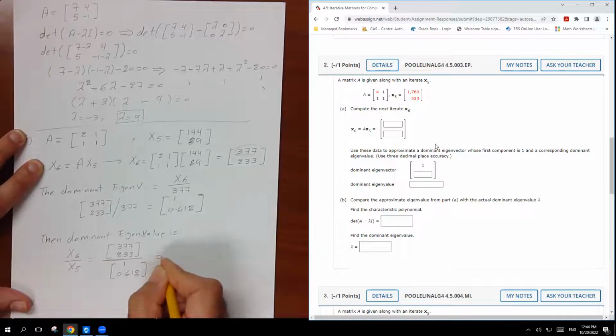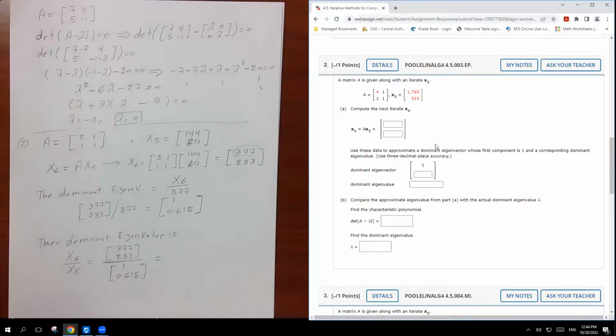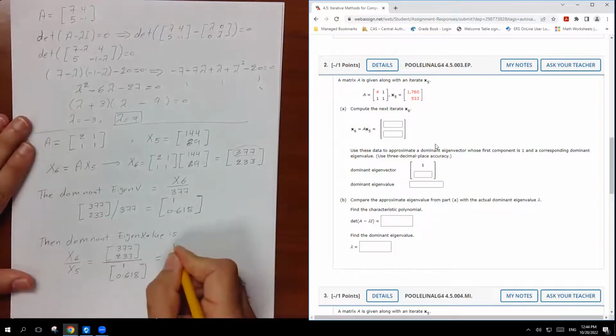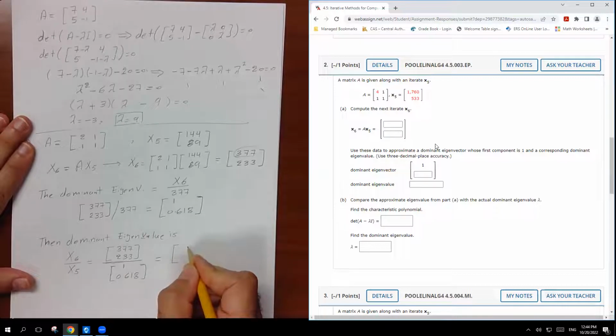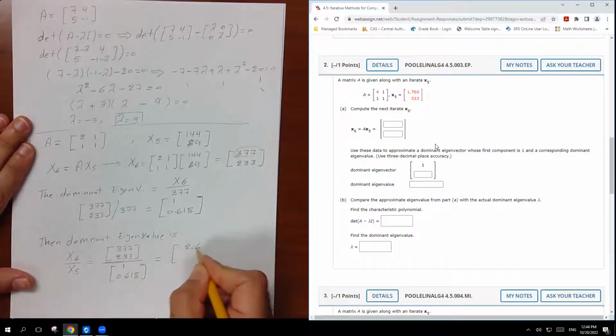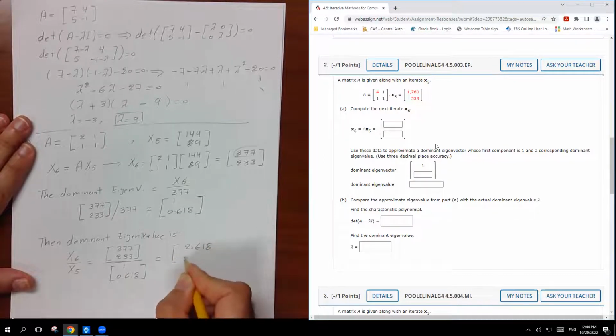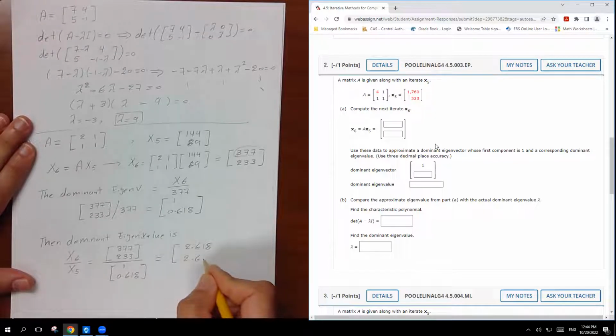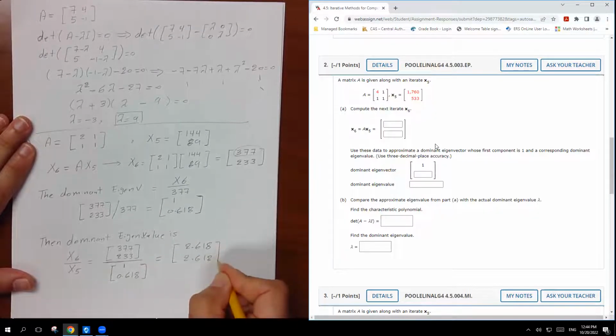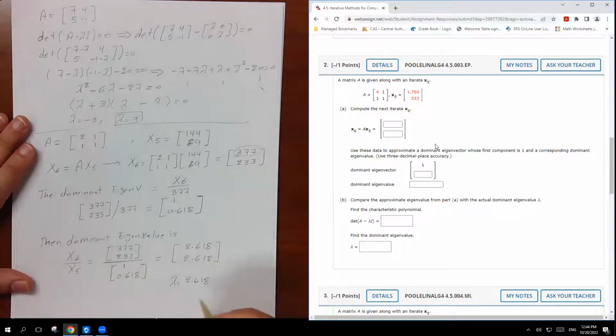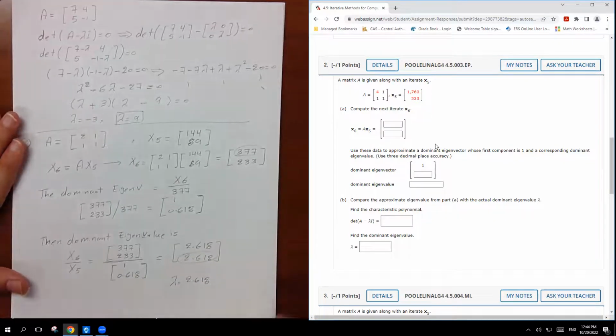And the result is going to be 2.618 and 2.618. You see that both are the same. So our lambda, the approximate one, is 2.618. The dominant eigenvalue, you can choose one of these, which is 2.618.